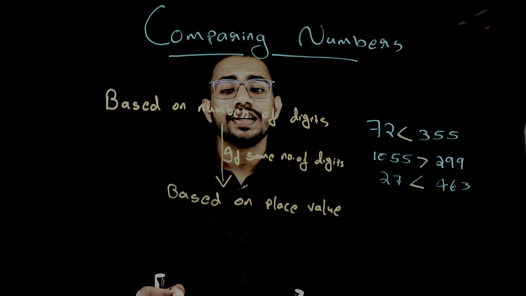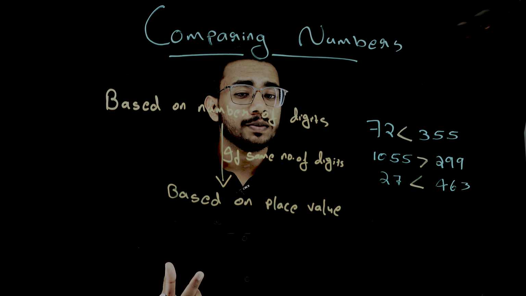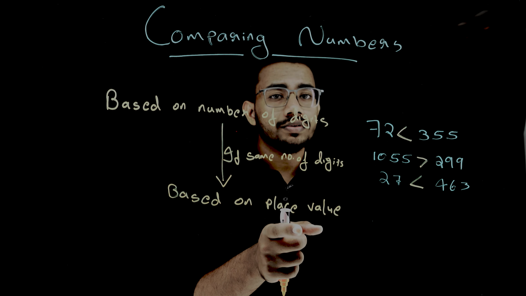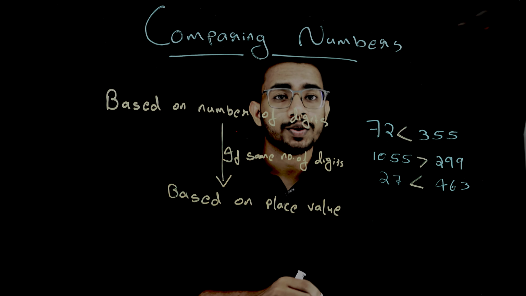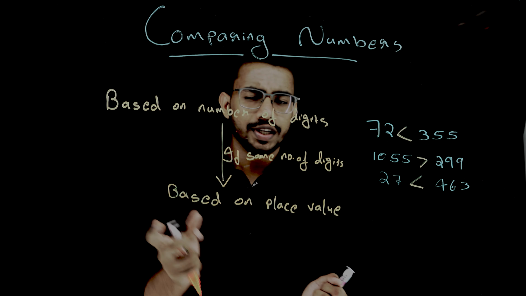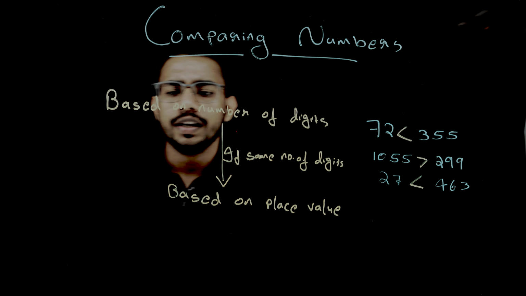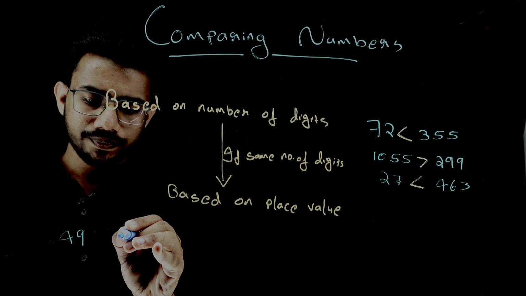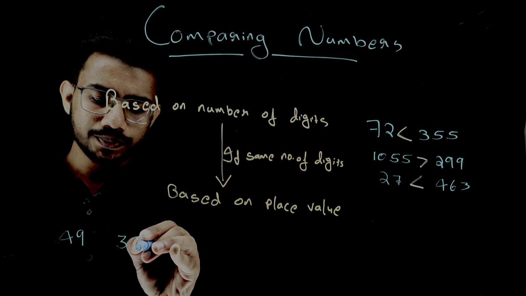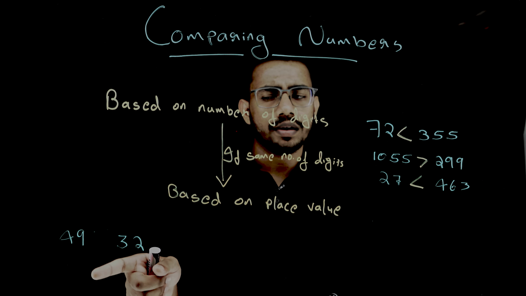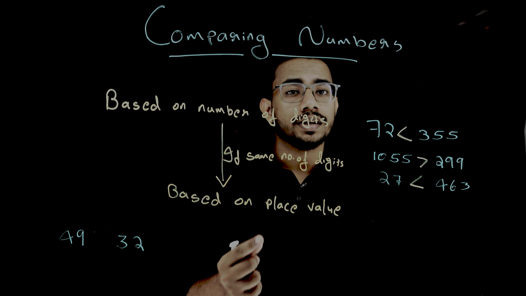Okay, so now let's see how we can compare the numbers if I have the same number of digits. And for that, we have to compare the place values, or from the highest place value onwards, we have to compare the digits. We will go for an example itself. Let's say I have 49 and 32. Here I have two numbers, 49 and 32, and they have the same number of digits.